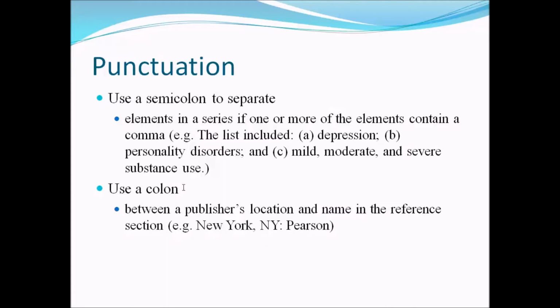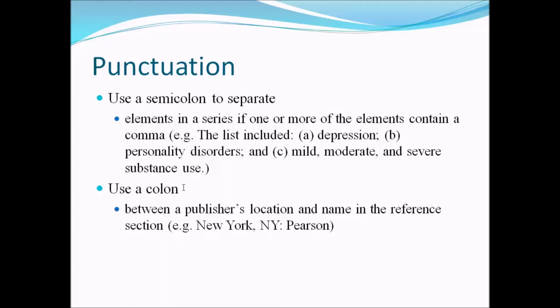Moving on to semicolons. Use a semicolon to separate elements in a series if one or more of the elements contain a comma. So take a look at this example. The list included A, depression; B, personality disorders; and C, mild, moderate, and severe substance use.